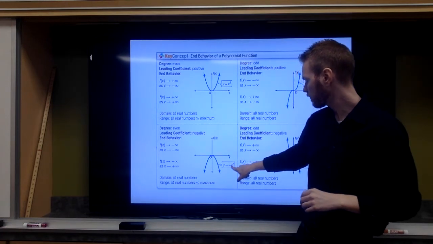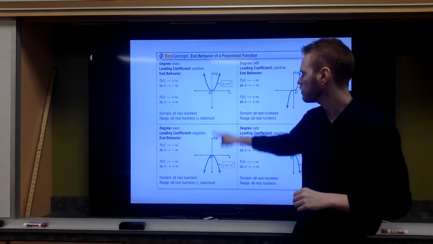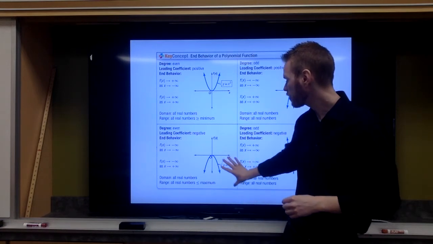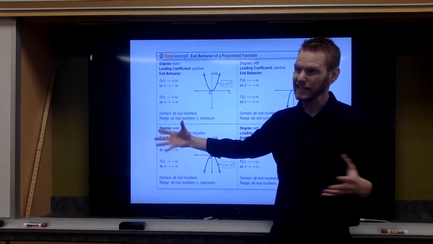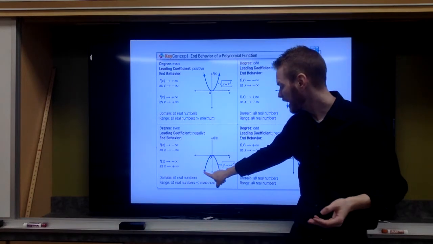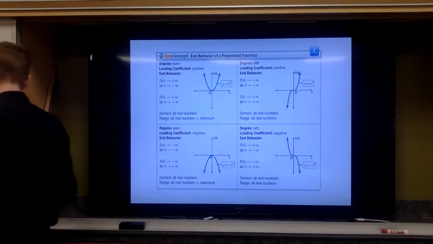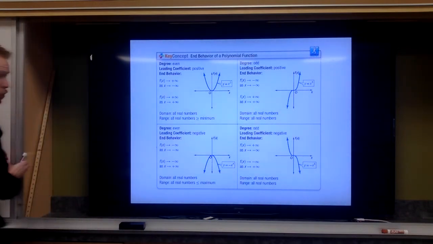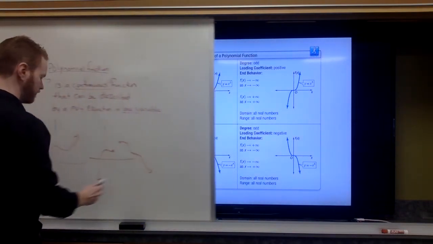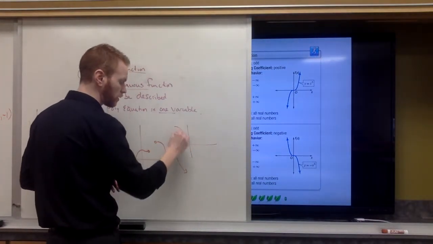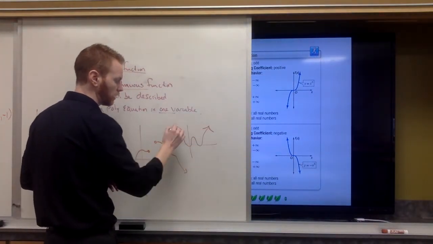And this is an x to the fourth function. You might say, wait a minute, these are almost identical. They do behave identically. Now, if I have other things involved with x to the fourth, it's not going to look like this, but the end behaviors will be fine. What do I mean by that? Just a quick for instance. Going back to my goofy graphs here, if I have an x to the fourth, it could look like this.